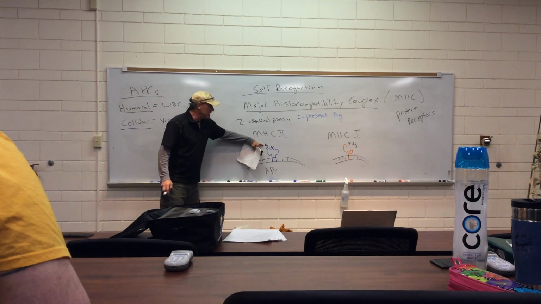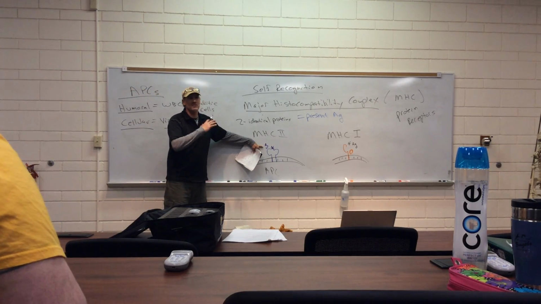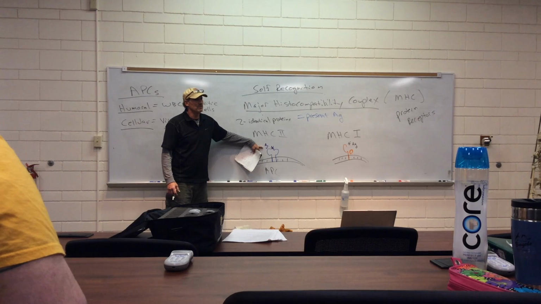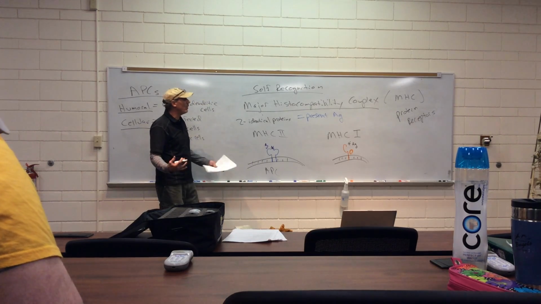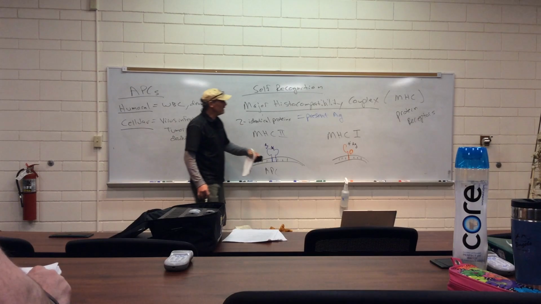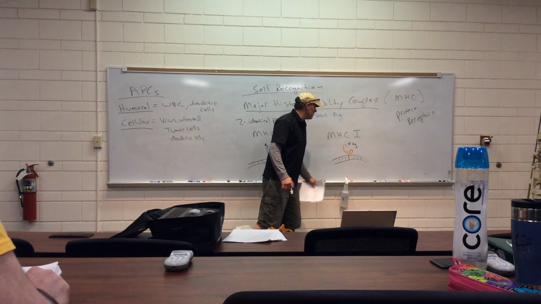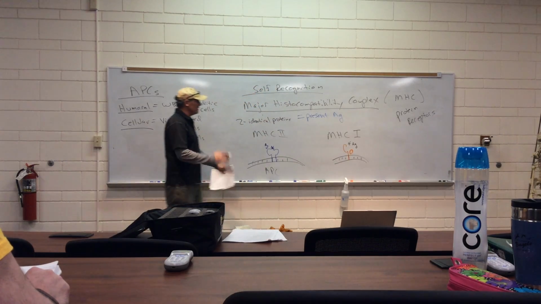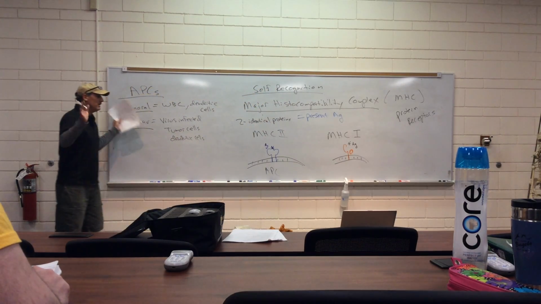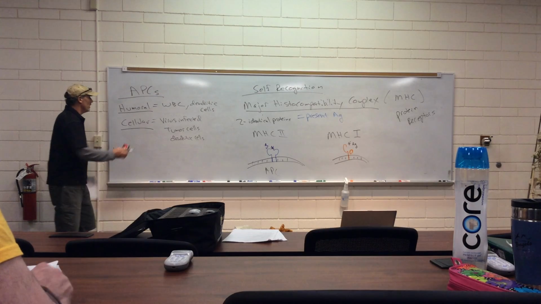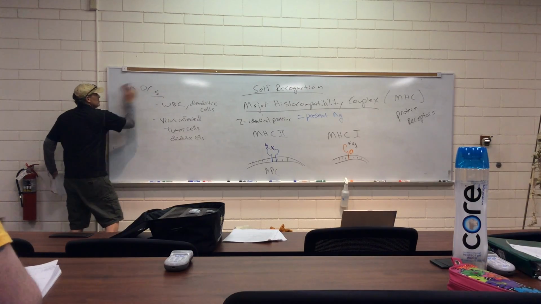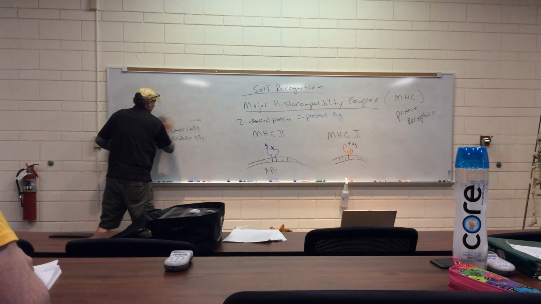So if this antigen is self, it shuts down the whole process. So it's this kind of quality control or quality feedback. Same thing here. If this antigen is a self-antigen and it's being represented by MHC1, it basically shuts down the whole system and says, wait, this isn't a pathogen. We don't want to stimulate this really strong immune response.